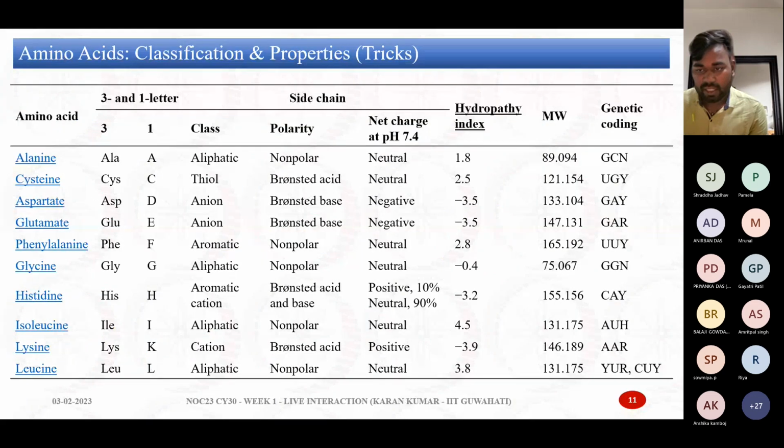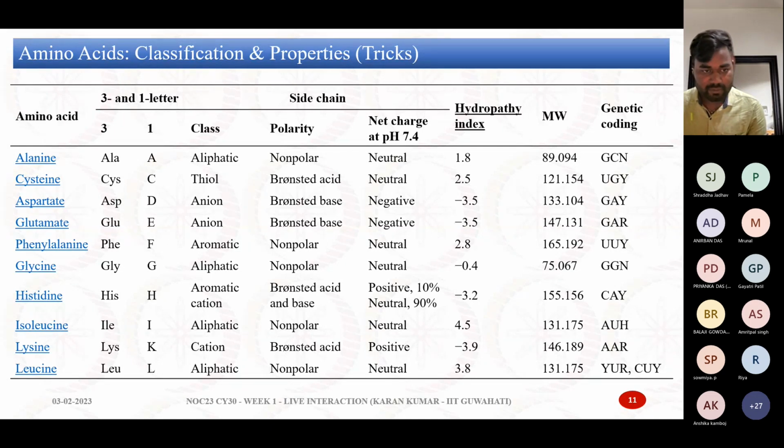Now, the important thing you need to remember is the 3-letter code and 1-letter code. There are a total of 20 standard amino acids and 3 or 4 non-standard amino acids.